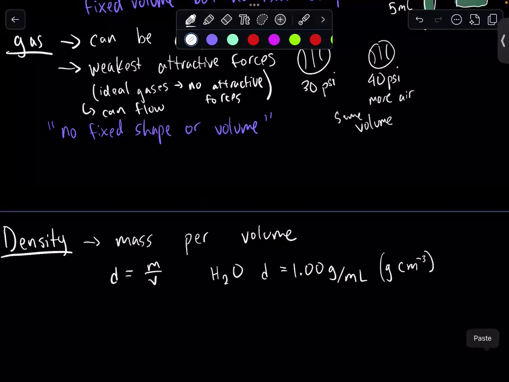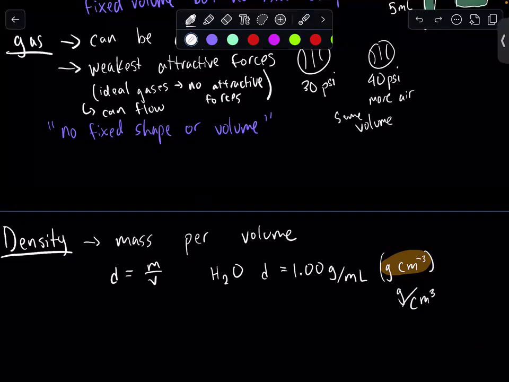You'll notice the IB quite often likes to use this sort of notation where they put all of the units on the same line, and a negative 3 just refers to the same thing as grams per centimeter cubed. That centimeter unit is on the bottom. That's what this little negative indicates.